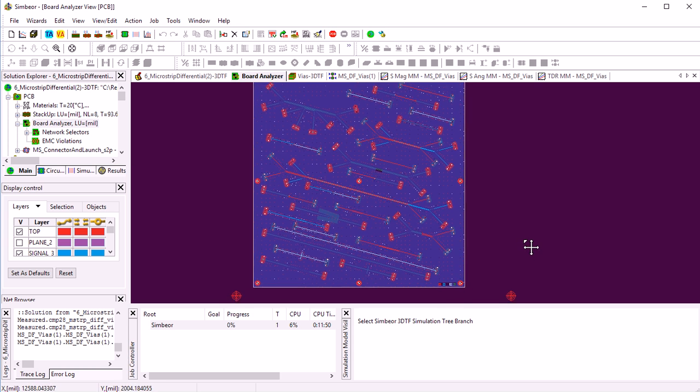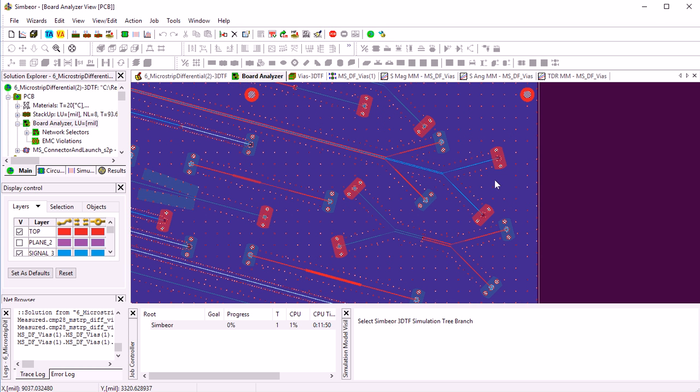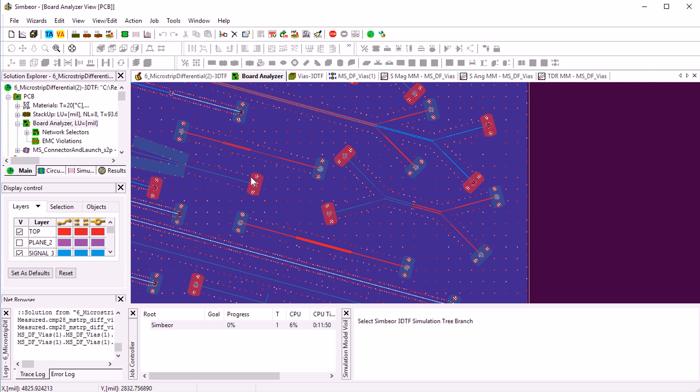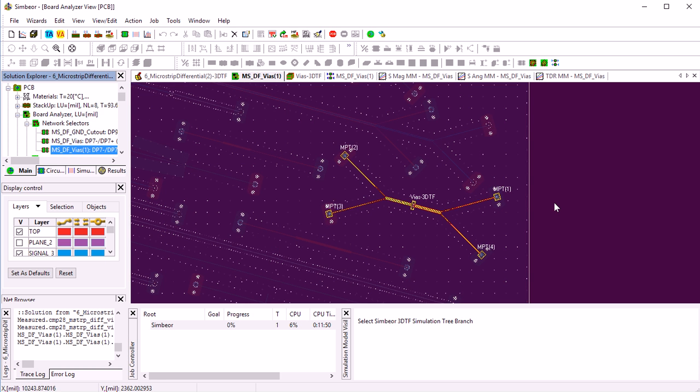For this demo I will use differential viaholes from SMP28 validation platform from Wild River Technology. Differential vias are located here and were analyzed in post-layout with post-layout analysis in Simbeor.